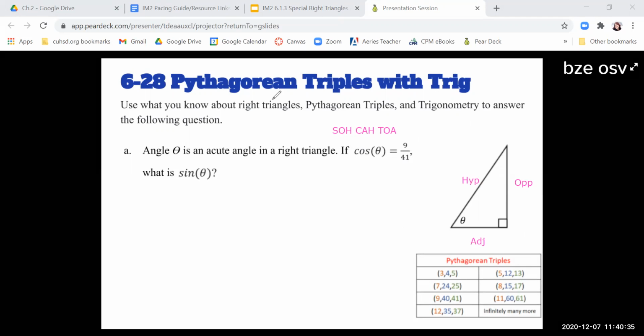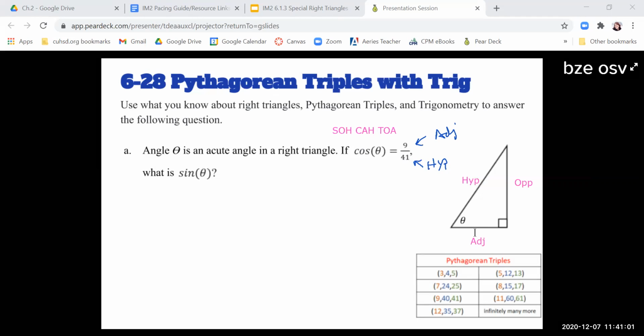So what that tells me is that this 9 is the adjacent side, and this 41 is the hypotenuse. So I can go back to my triangle, and I can put those lengths on those sides.